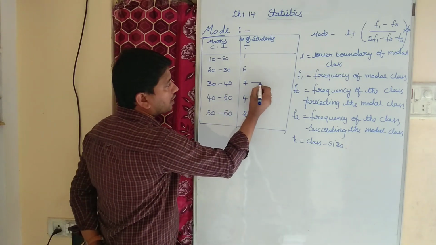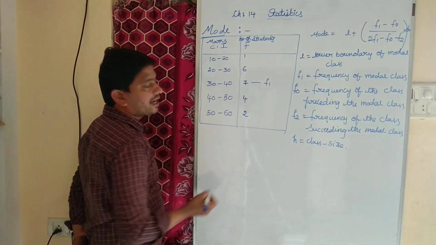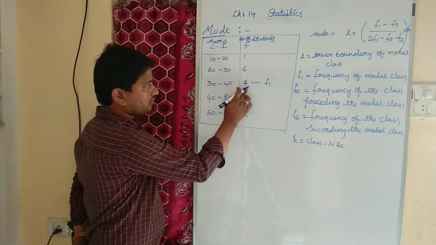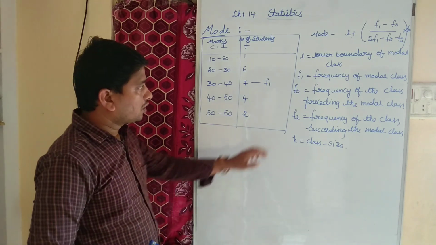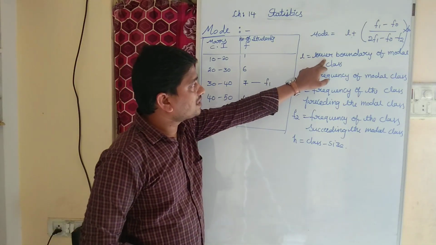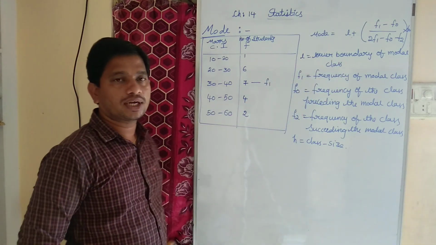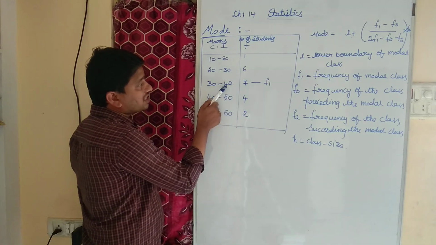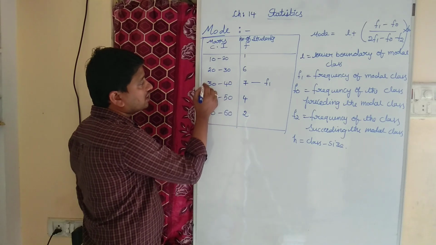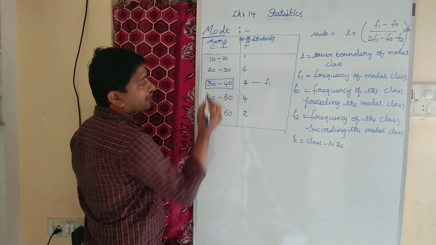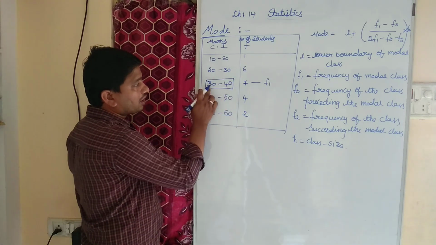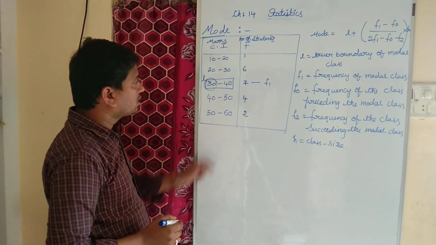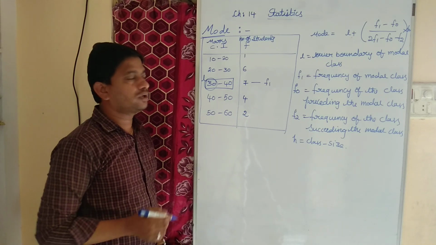Of course, 7 is the highest frequency, that is our frequency of the modal class F1. As I told you, L is the lower boundary of the modal class. What is the corresponding class interval of the highest frequency? That is 30 to 40, which is our modal class. In that, 30 is our lower boundary and 40 is our upper boundary.